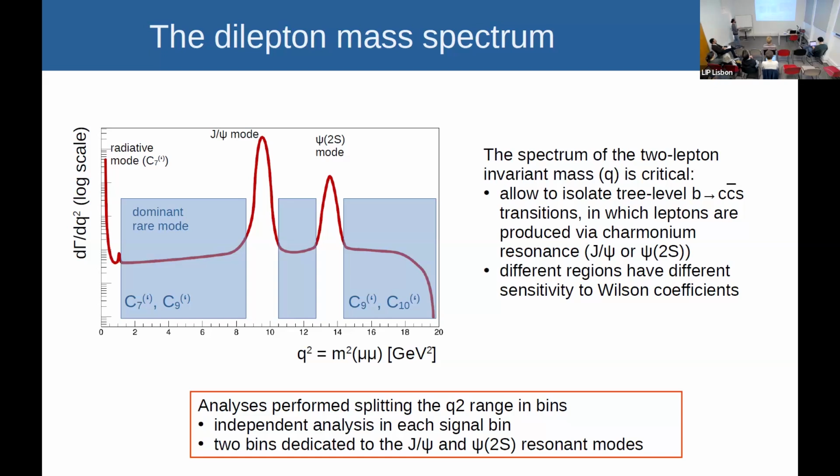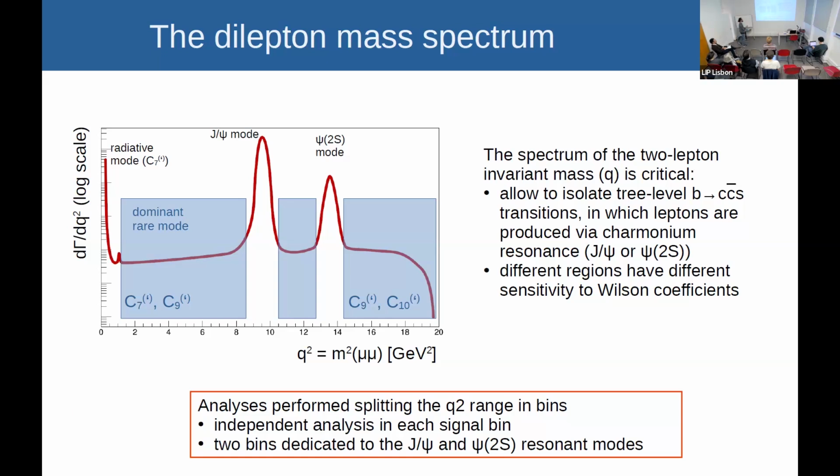So we know that we have these tree-level decays, much more enhanced according to the standard model, where the B decays into c c-bar and an s quark. And when the c c-bar produces a charmonium resonance, this can decay into muons and so produce exactly the same final state as the transition that we are interested in.